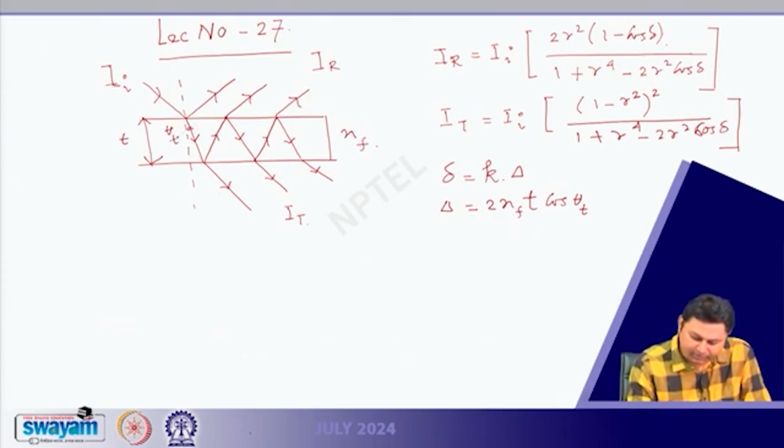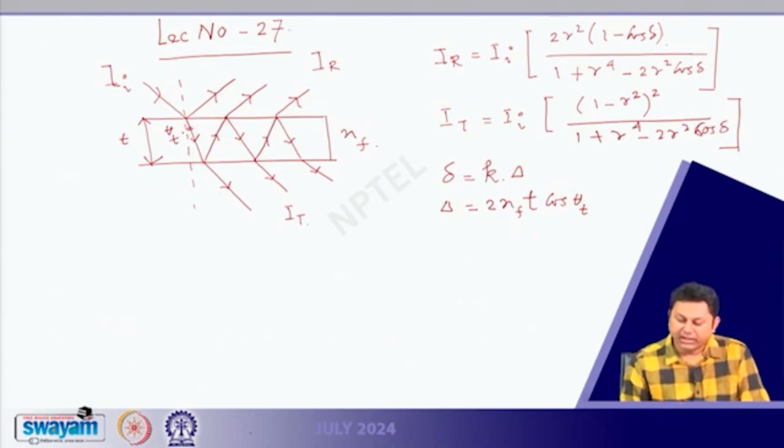Based on that one can calculate delta, and you can see that small delta depends on big delta, and big delta depends on the angle of incidence or the angle of transmittance theta t. By modulating this, one can change the phase and get a constructive or destructive interference pattern for the reflected or transmitted ray.